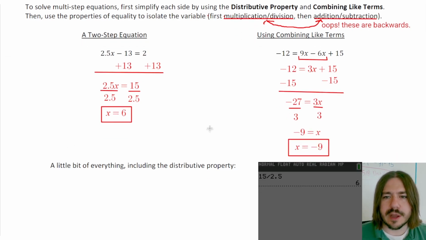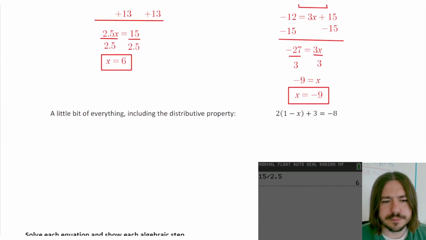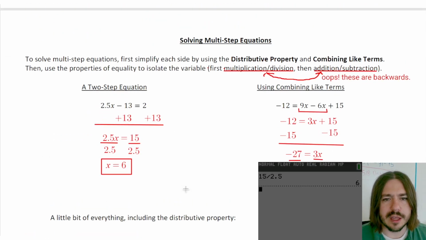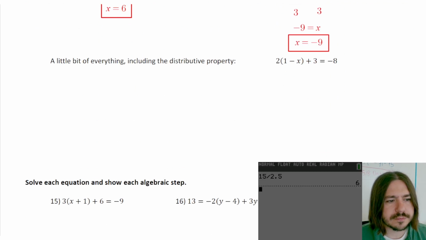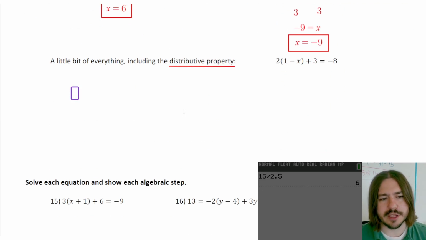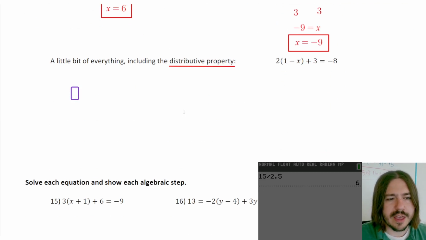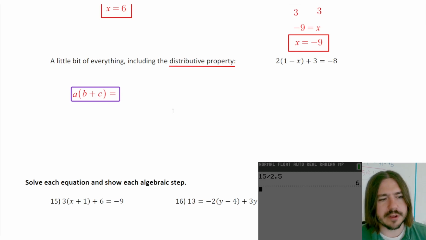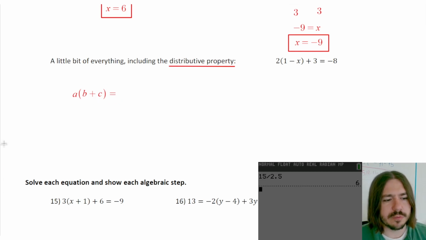Okay, so now we're going to throw in the distributive property. Let's talk about the distributive property briefly here. The distributive property is a property that explains how to combine multiplication and addition. So if you have just some number a, times, let's say, b plus c, the distributive property says that we are going to distribute this multiplication.